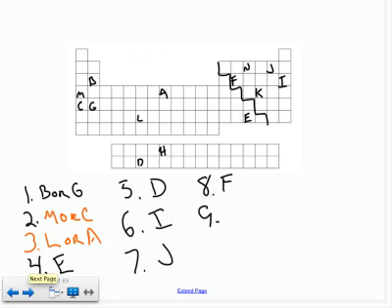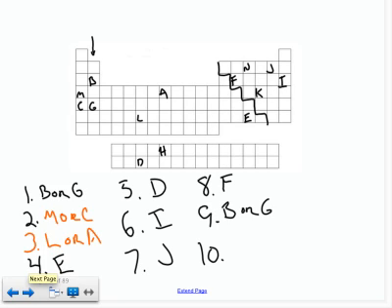Number 9. This element has properties similar to calcium. Calcium is an alkaline earth metal, so it would be an element in the alkaline earth metal family. So there are 2 correct answers here because calcium is in between B and G. B would be magnesium, G would be strontium. So either one of those would have similar properties to calcium.